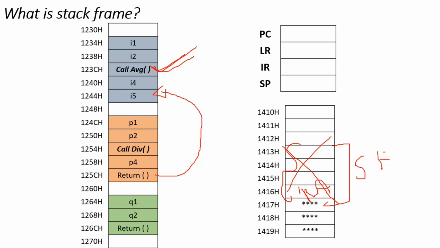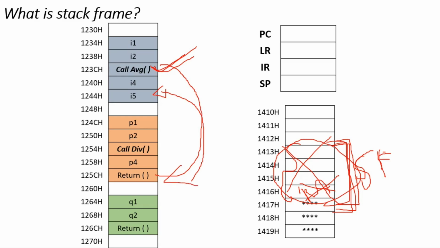All those details stored in the stack, that part of the stack is called the stack frame. When we encounter a return statement, we go back to the main routine. We don't remove just the return address, we remove the entire detail that was pushed into the stack. That is called the stack frame, the part of the stack used to store information whenever there is a subroutine call.